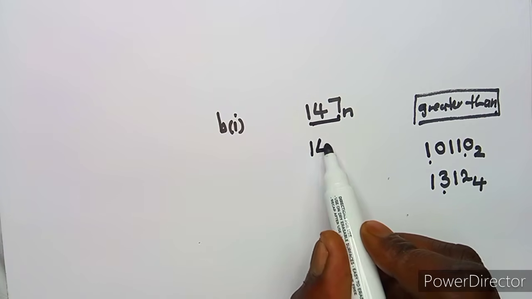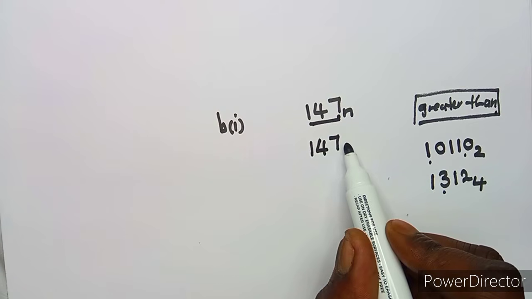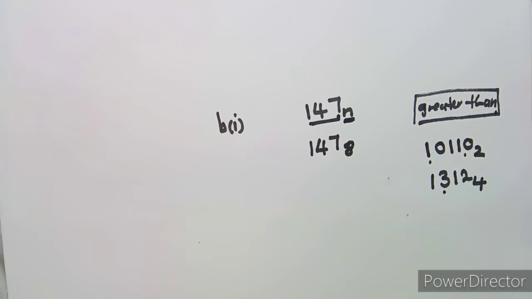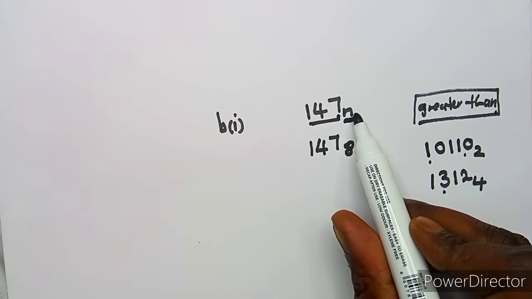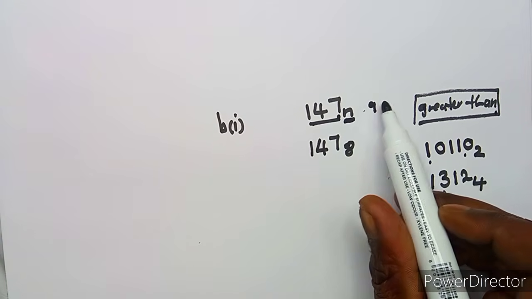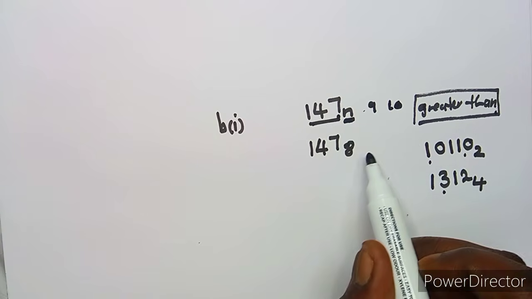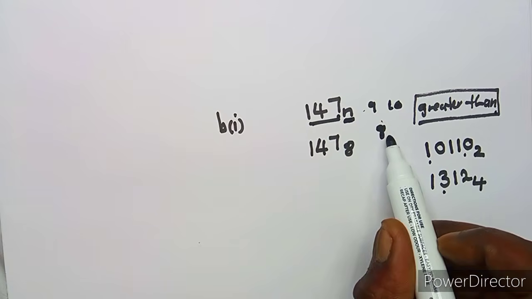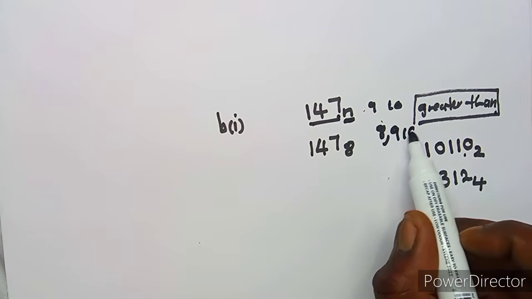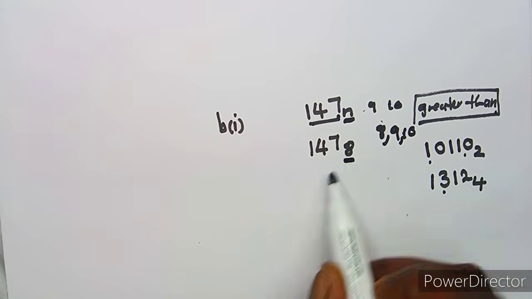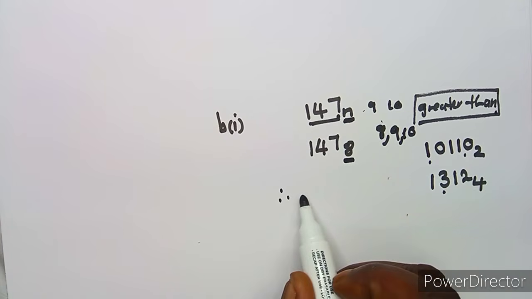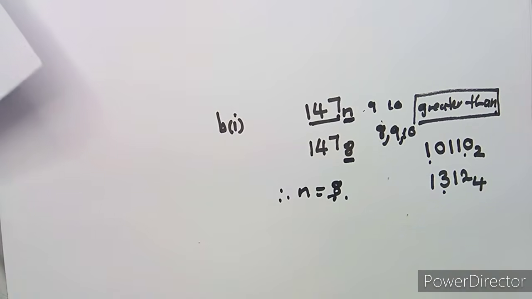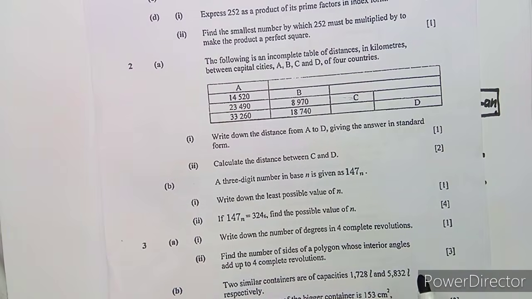So we have 147 in base 8, which is going to be the least. It can also be base 9 or base 10, so the possible answers are 8, 9, or 10. But which one is the least? The least is 8. So our n is 8, which is the least possible value.